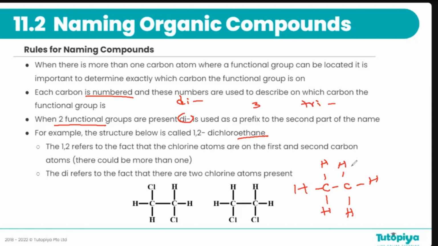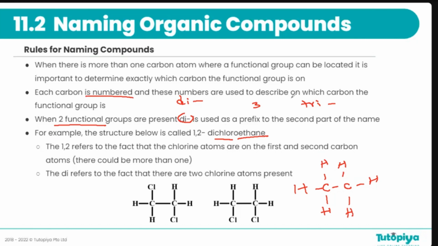1,2-dichloro. So first, what is chloro? Chloro is the name for a functional group when there's chlorine instead of the hydrogen. So whenever there's a chlorine atom bonded into the molecule, we call that functional group chloro. If it's just chloroethane, that means there's only one chlorine.